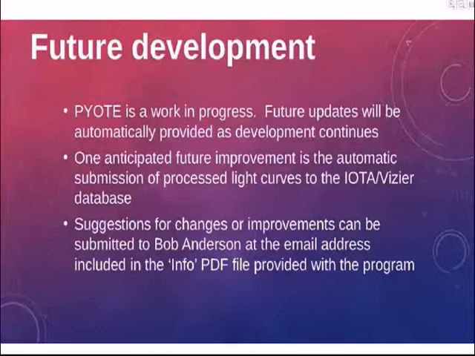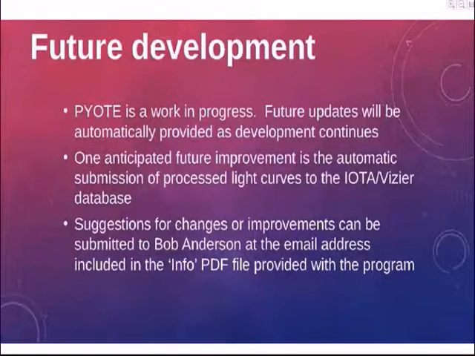One anticipated future development that we've talked about is that after the person has processed the light curve, sometimes you have to block integrate the data points. You might normalize it. You might trim out some awkward looking or bad sections due to clouds or something.